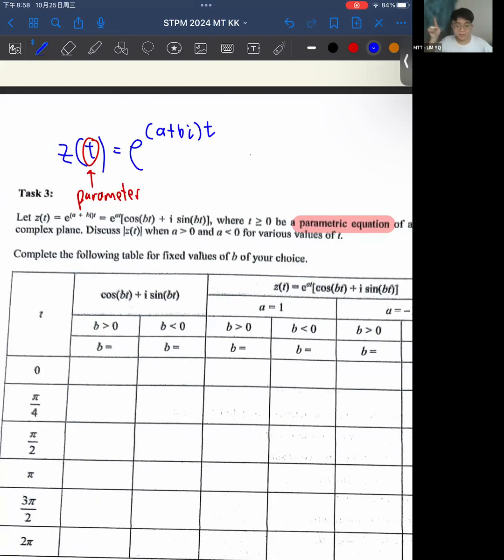Discuss the modulus of z(t), meaning the absolute value of a complex number, when a is greater than 0 and a is less than 0, meaning different cases, and for various values of t.